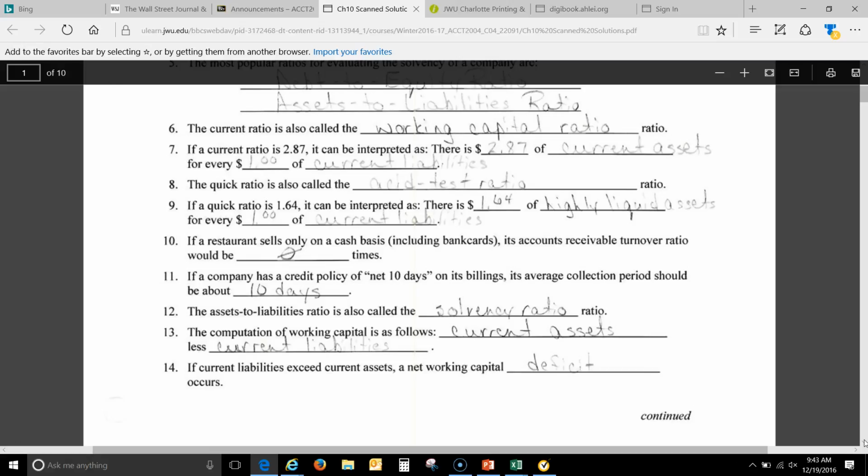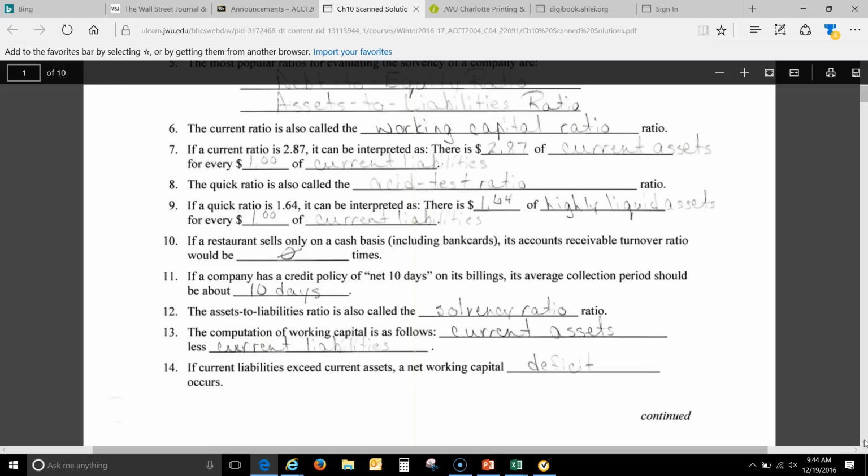So if we get 1.64, what we're saying is for every dollar in current liabilities, we have good, $1.64 in highly liquid assets. So for number 9, if we get a quick ratio of 1.64, it can be interpreted as there is $1.64 of highly liquid assets for every dollar of current liabilities.